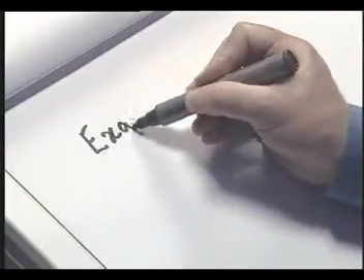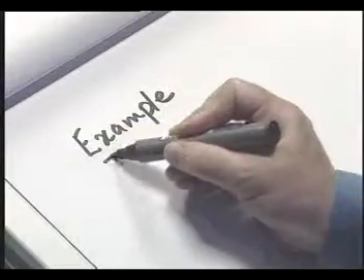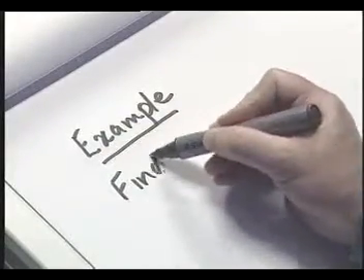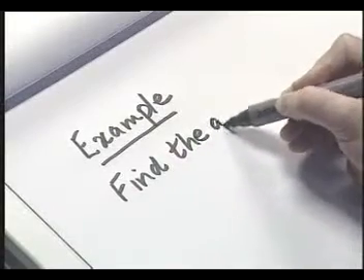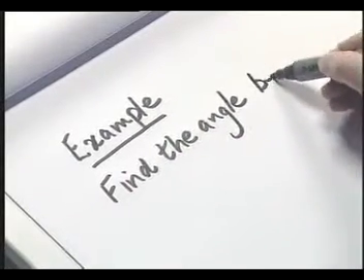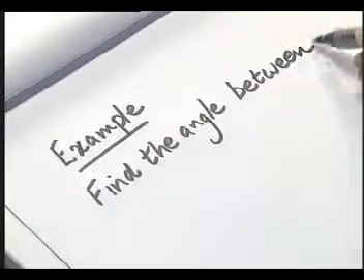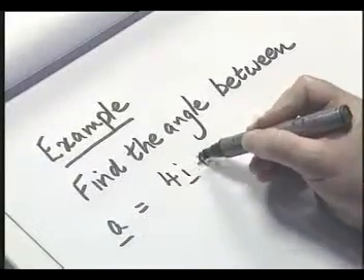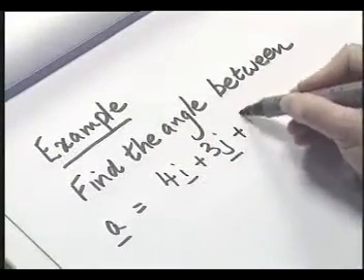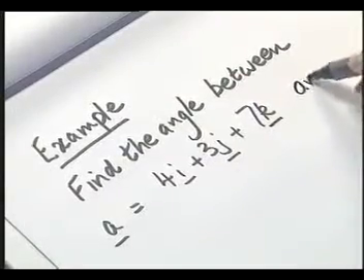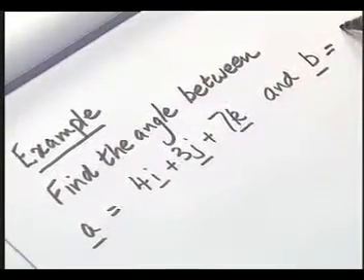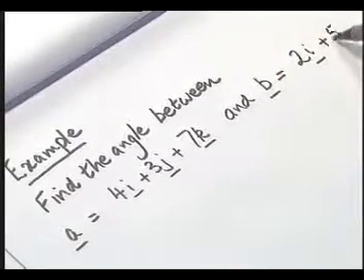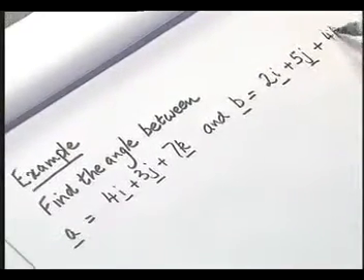Let's look at a specific example where we want to find the angle between two vectors. So the problem is, find the angle between. And the two vectors I'm going to choose are A, which is 4i plus 3j plus 7k, and B, which is 2i plus 5j plus 4k.